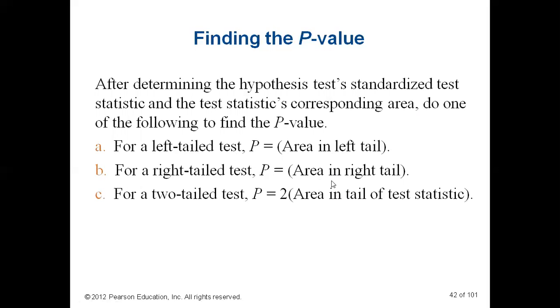For two-tailed test, P equal to 2 times the area in the tail of test statistics. So how will we compute the P value? Whatever test statistic is obtained after computation, we will compute the probability of that test statistic by computing the area.